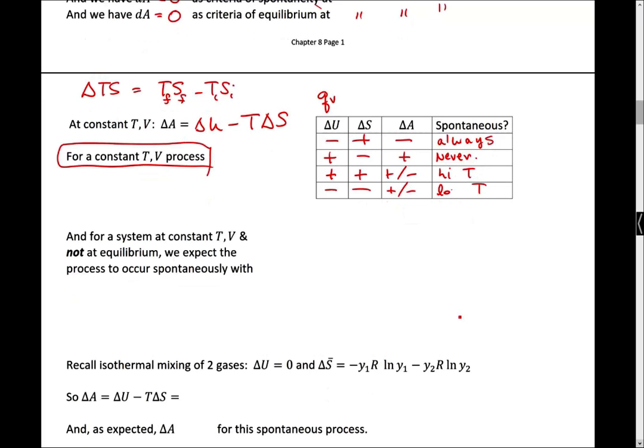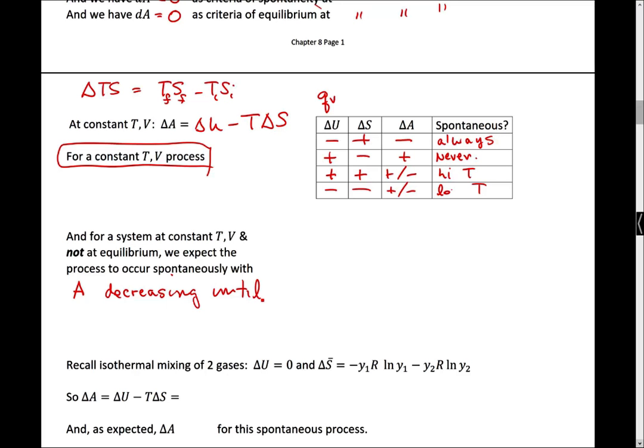Okay, so the other thing we want to do is just think about if we have a system and we're performing this process at constant temperature and volume, we expect that it's going to go in the spontaneous direction, and that's going to occur with A decreasing. Right? And that's going to continue to decrease until the process isn't changing anymore.